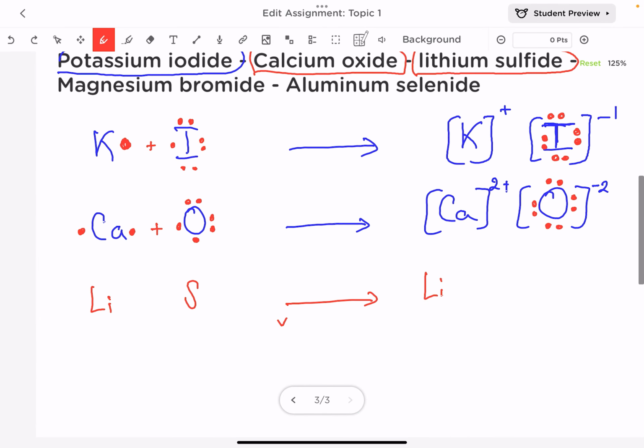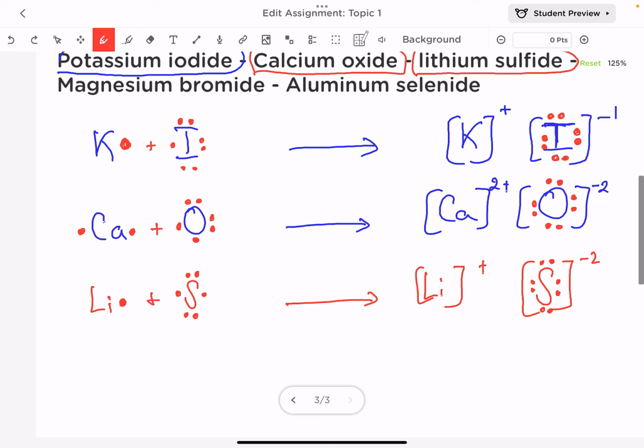So here lithium will do a plus 1, no dots on it, and sulfur will do a negative 2, and you draw 8 dots around it. Now again, before transferring the electrons, lithium had 1 electron and sulfur belongs to group 16, so it had 6 valence electrons.